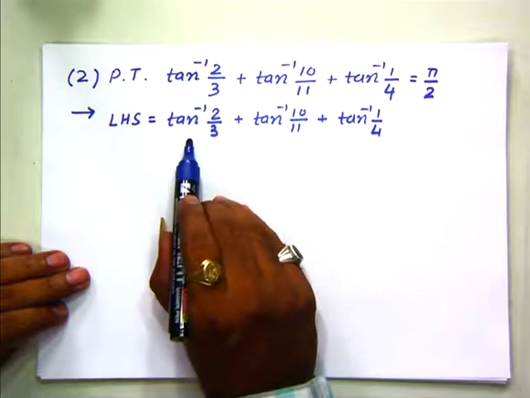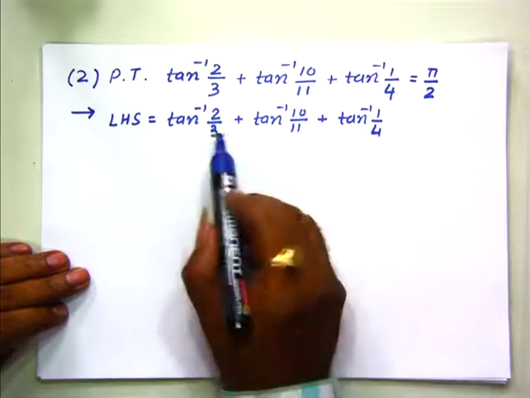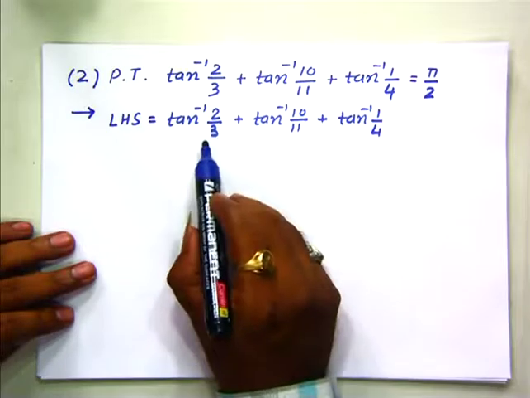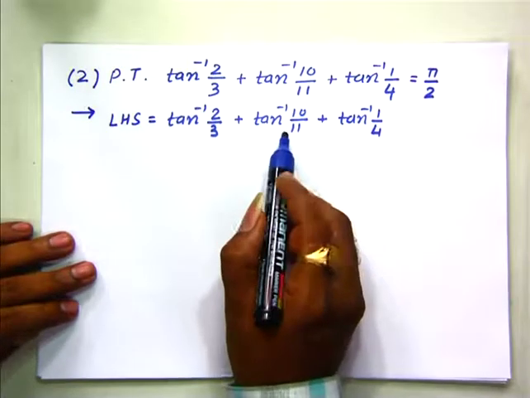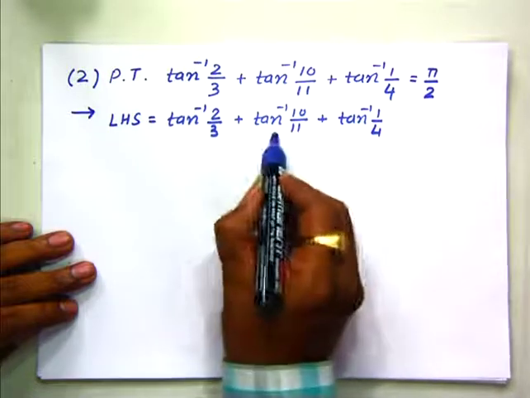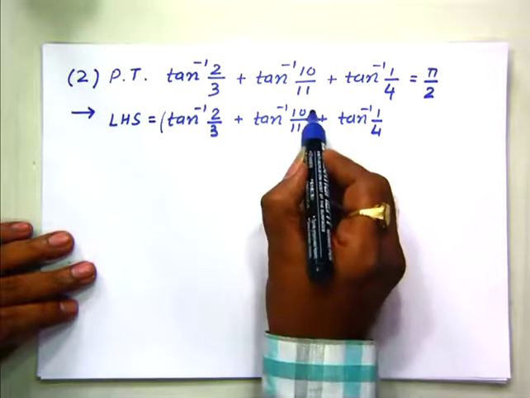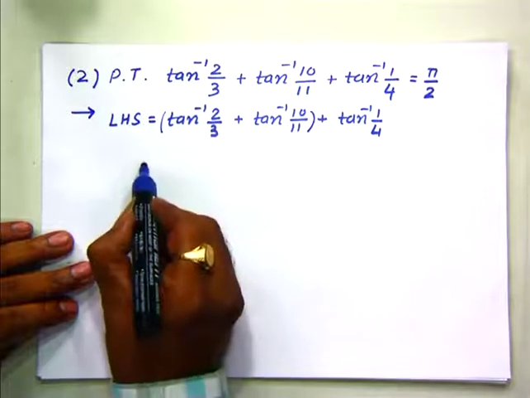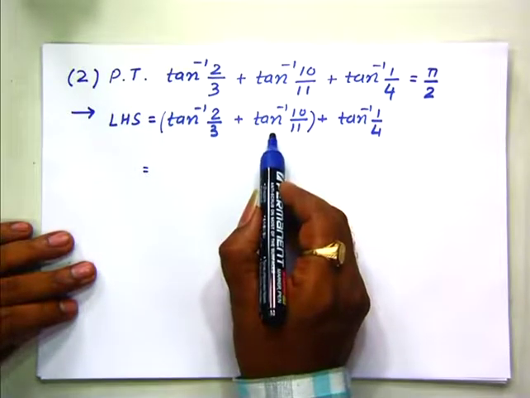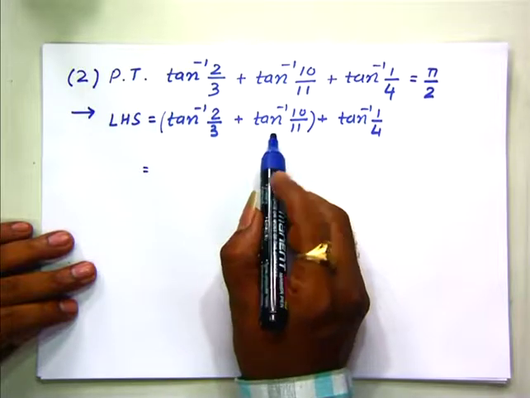Now here we have 3 terms to add, but we have the addition formula for only 2 terms. So first of all, we are going to add these first 2 terms, but before applying the formula we have to check the condition.